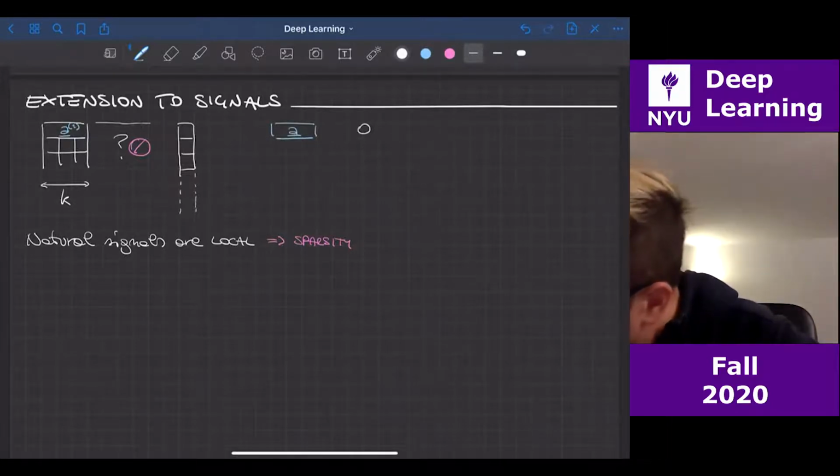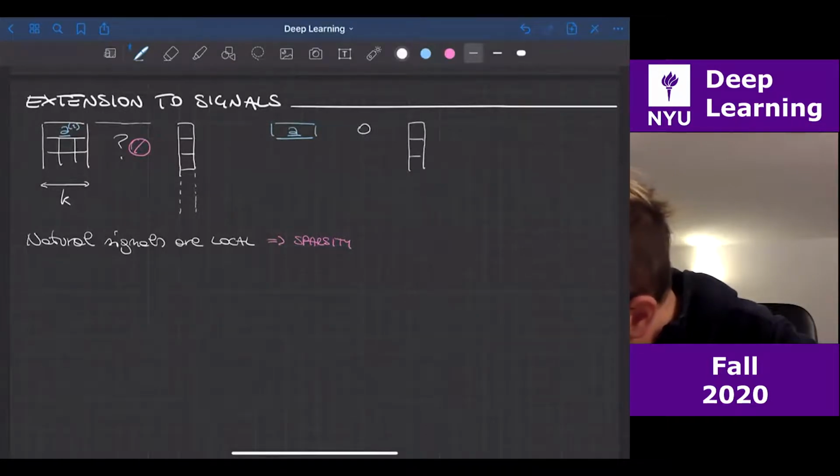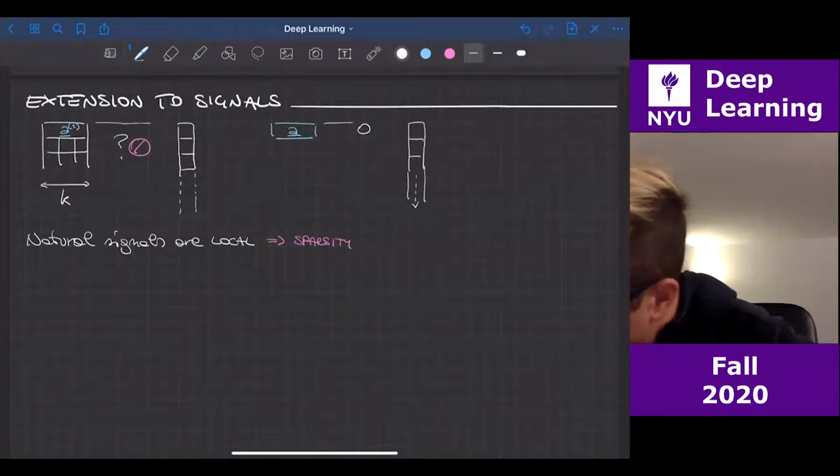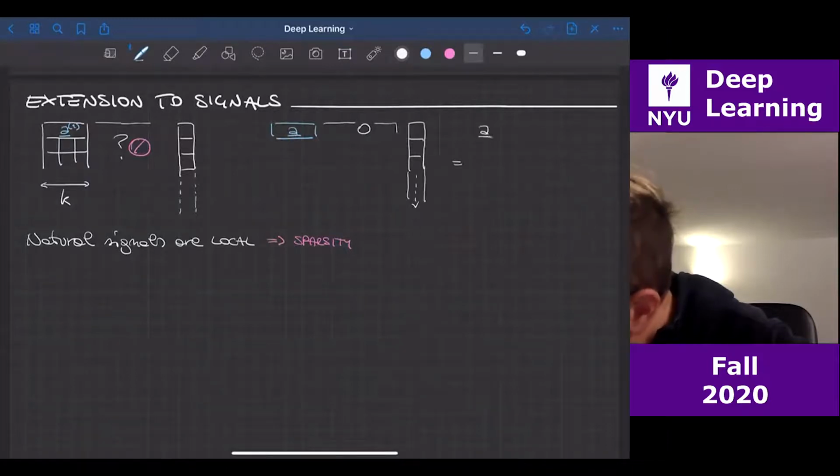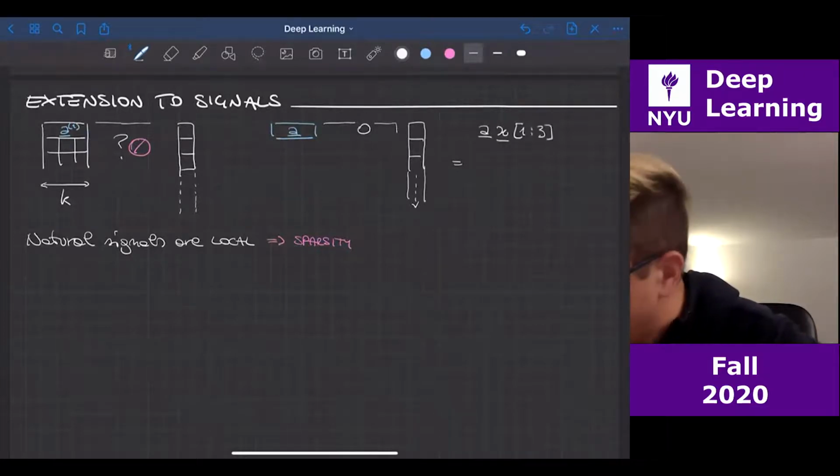And here I have my signal, which is long. So whenever I multiply these two, I'm going to get something that is my A times my X restricted to the interval 1, 2, 3, okay?